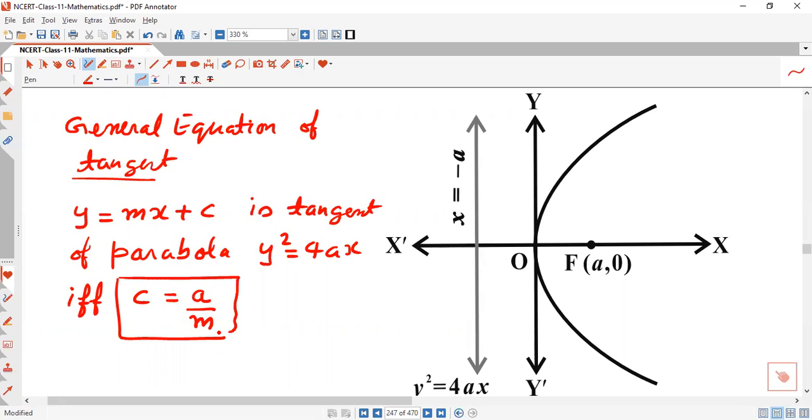This is the condition. A general equation of a line is a tangent to the parabola if the value of c equal to a by m. So the general equation comes out y equal to mx plus a by m.